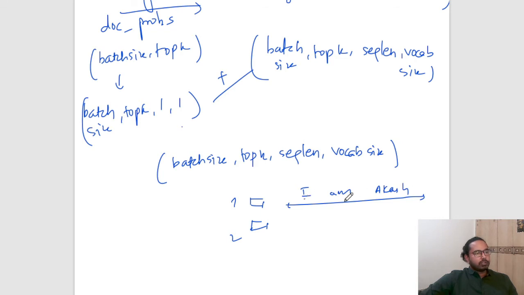For each of these tokens, let's say their original probabilities were 0.01, 0.01 and 0.01. What we have done is we have added the doc probs for each of the retrieved documents. So let's say for document number 1, the probability of that retrieved document was 0.02. What we have essentially done is 0.1 plus 0.02, 0.1 plus 0.02, adding this 0.02 value to all the tokens that are present in the vocab.